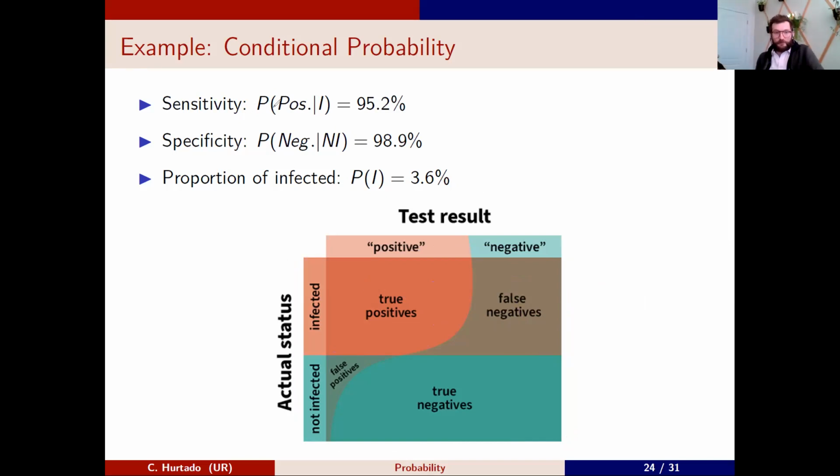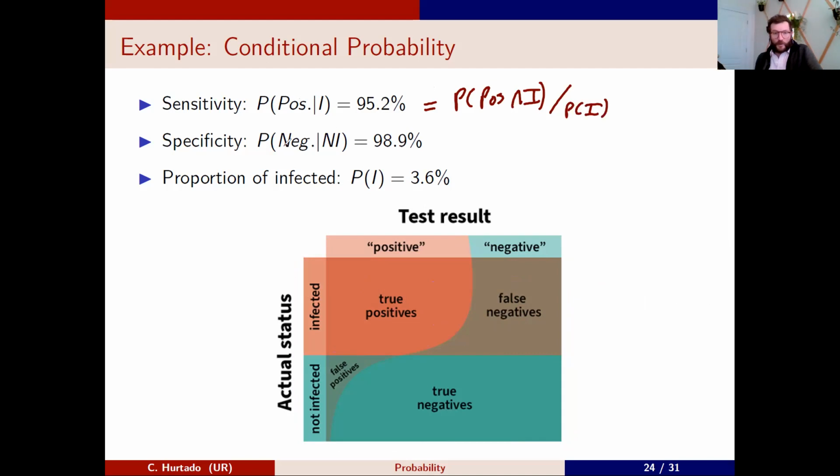So the probability of positive given infected is going to be equal to the probability of positive and infected over the probability of infected.